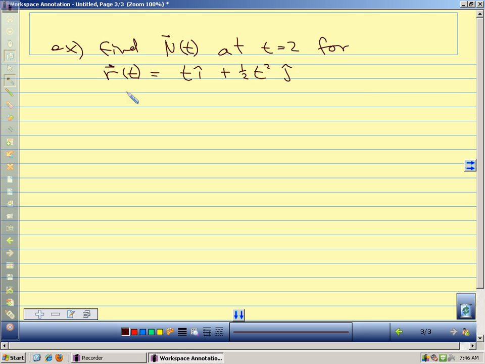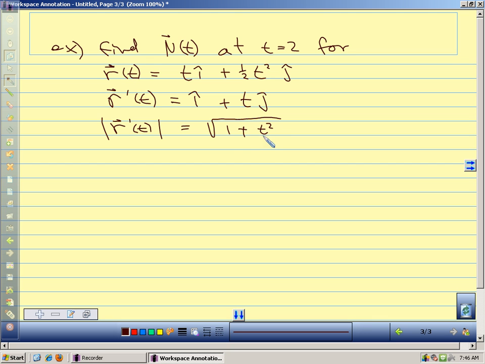All right. So what's going to be r prime? R prime is going to be i plus t j. The length of r prime is going to be the square root of 1 plus t squared.